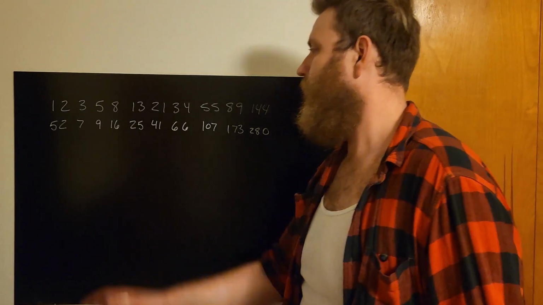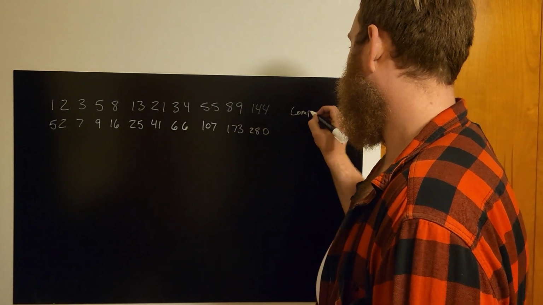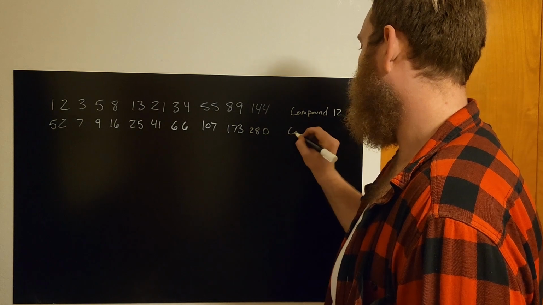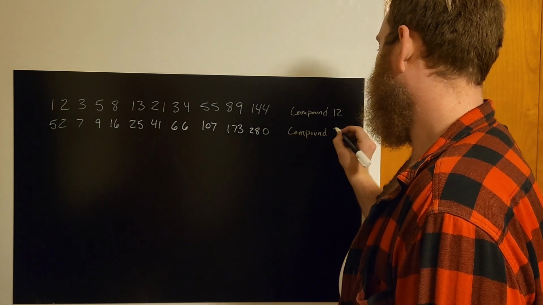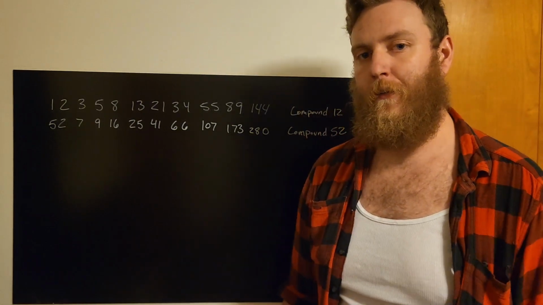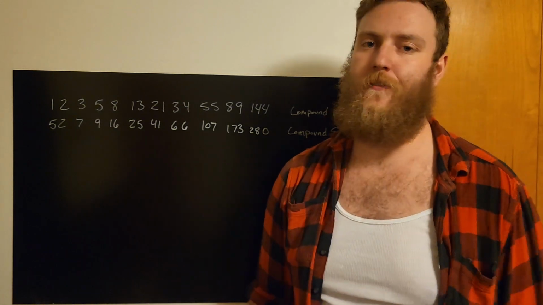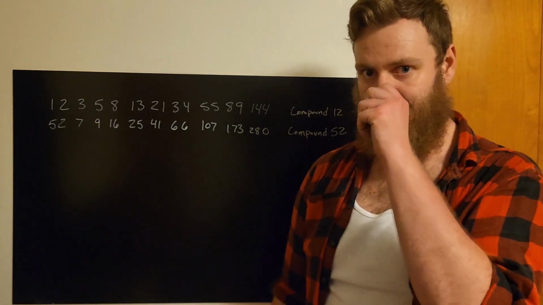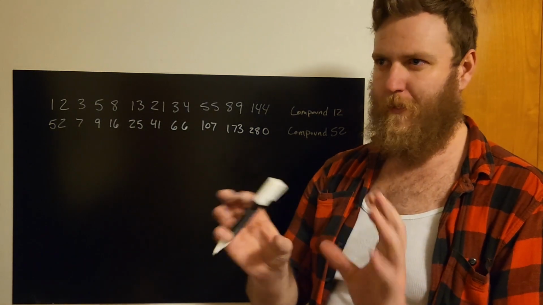Okay, so up here I've written what I call compound 12 and compound 52. One of the things that I noticed when I looked at this, and the reason I came up with this one, I call it the Stirling sequence because it's excellent. But I was looking at the Fibonacci sequence and it seemed like things were pretty much composed of 4-digit sequences.